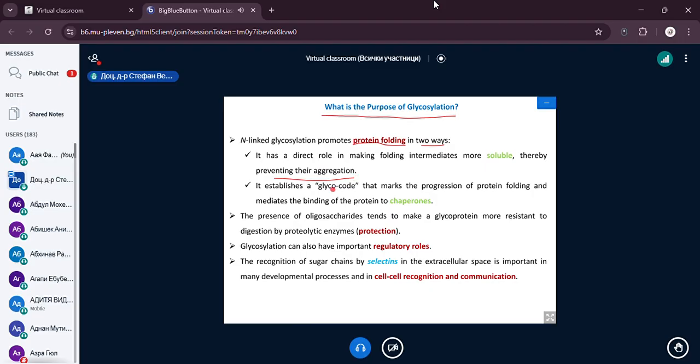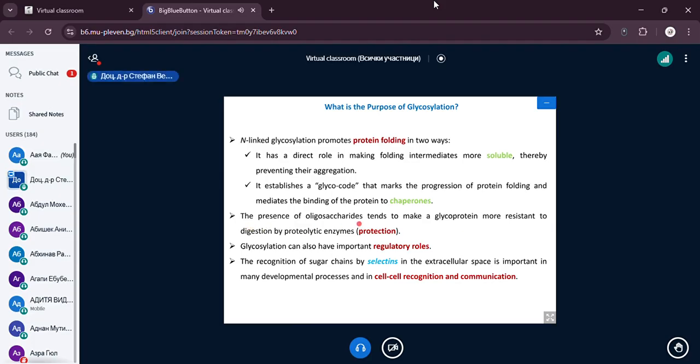And the second point is the establishment of this glycocoat on the surface of the proteins, and these oligosaccharide residues can be recognized by chaperones, which help the newly synthesized protein to achieve its proper secondary and tertiary structure by aiding in its folding and the formation of disulfide bonds or hydrogen bonds between the amino acids.